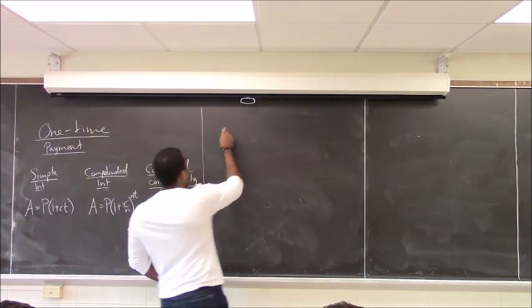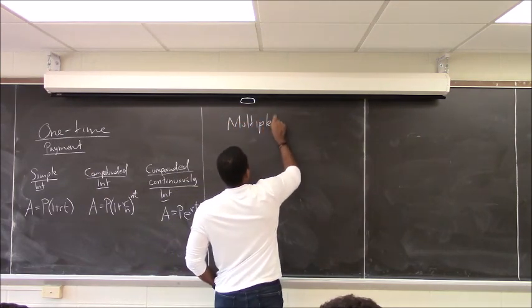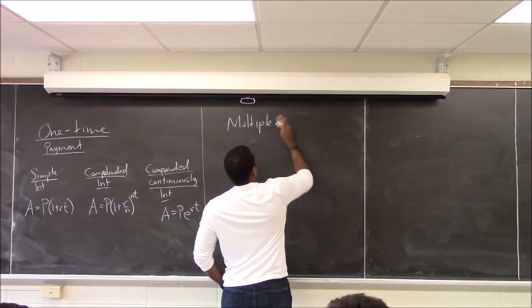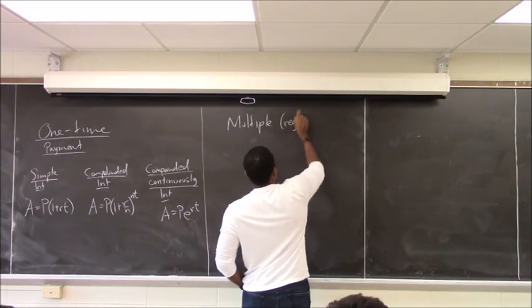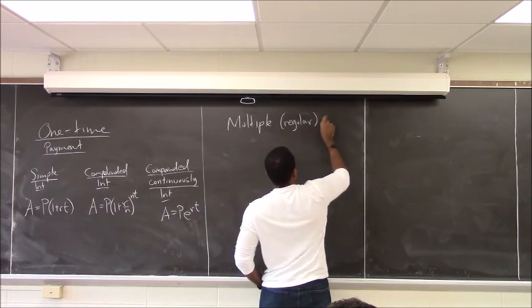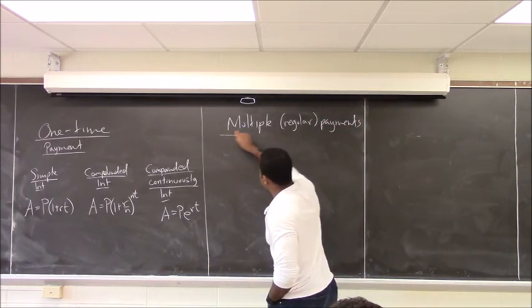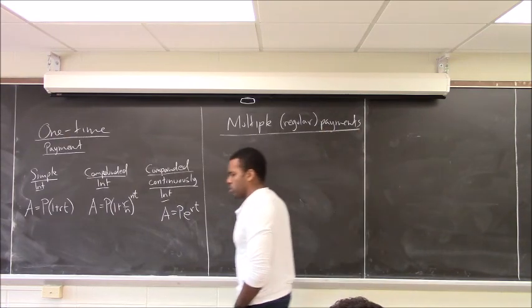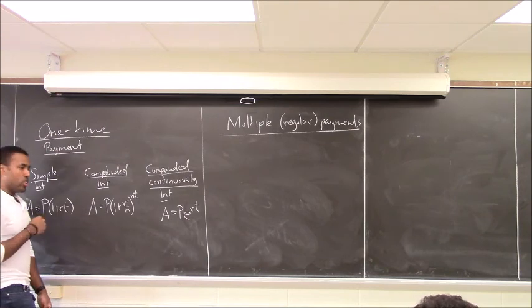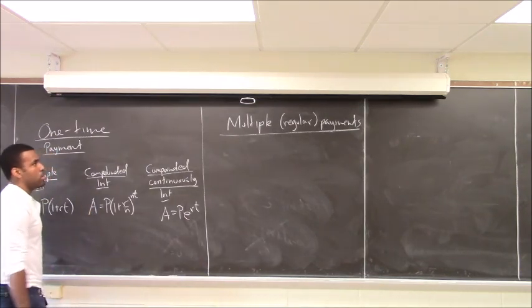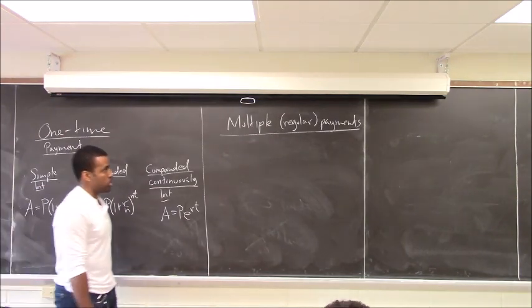Now, there were a couple ways in which we looked at multiple payments. And by our assumption, to make things a little bit easier, we're looking at multiple regular payments. Right, so in general, if you have some sort of situation where you keep paying, either you keep investing a certain amount, or you keep paying out a certain amount, either receiving or paying out to someone else.